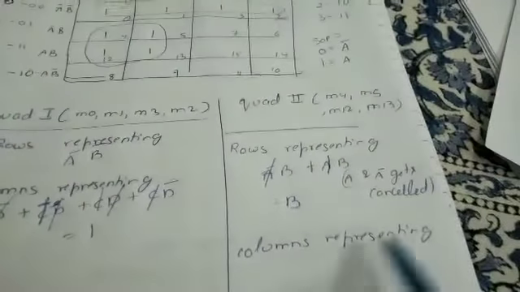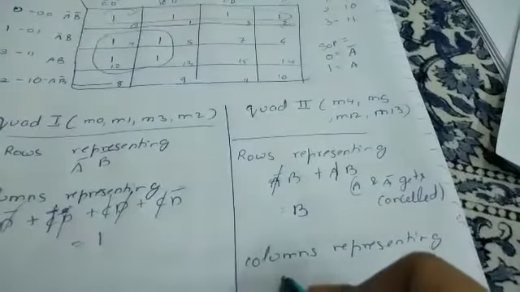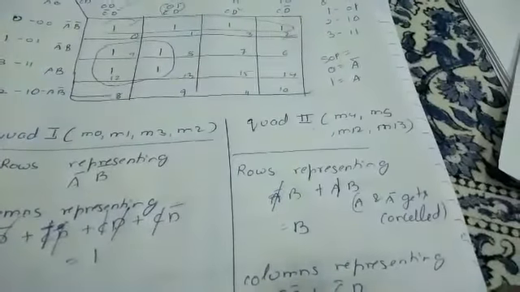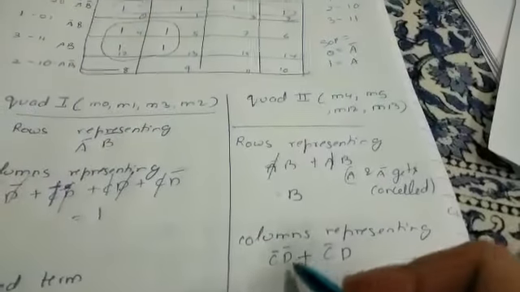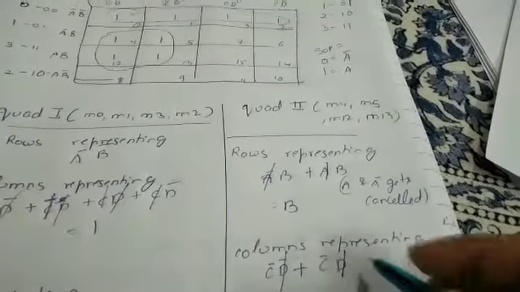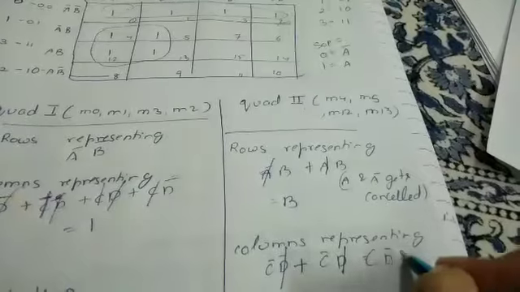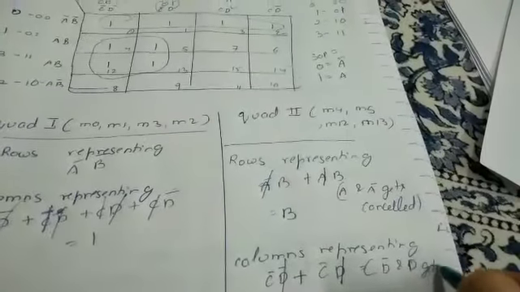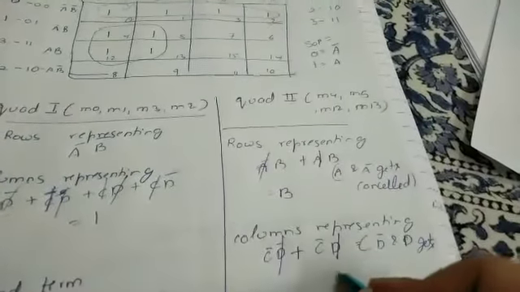Now the columns representing this entire quad. It's actually spread across 2 columns only. The first one is C naught, D naught. So I'll write here C naught, D naught plus, what's the second one? C naught, D. So plus C naught, D. Now is there anything getting cancelled here? You have D naught and D, which get cancelled.